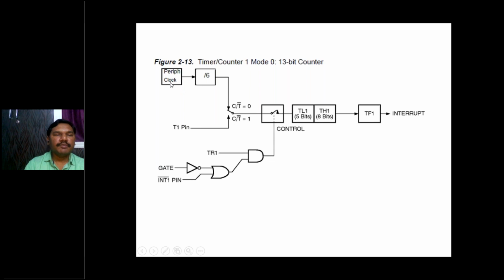Okay. So oscillator frequency divided by 6 or 12, C by T bar 0 or C by T bar 1, T1 pin or T0 pin, and there is also one more control coming from the AND gate, and this goes to TF1 or TF0. This is called overflow, TF1 or TF0.